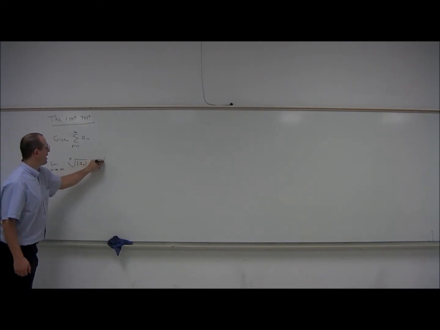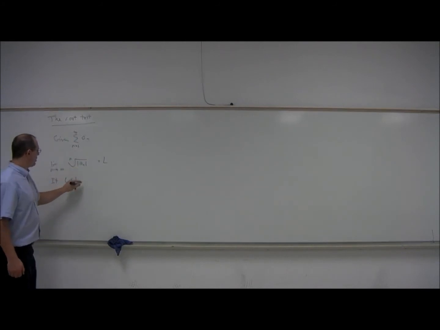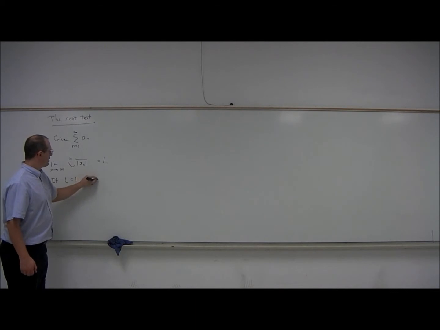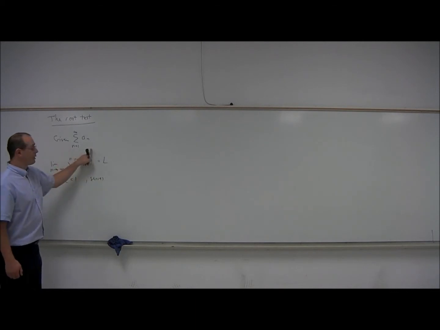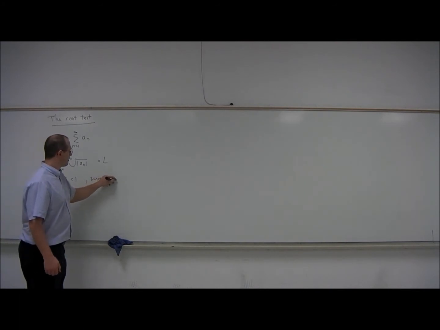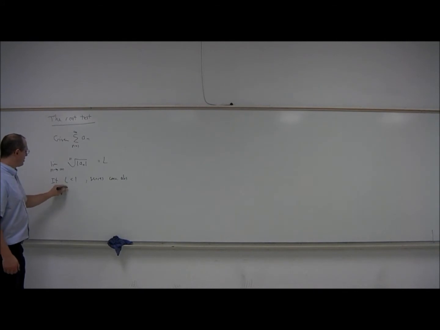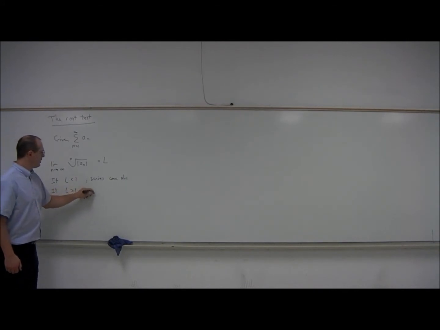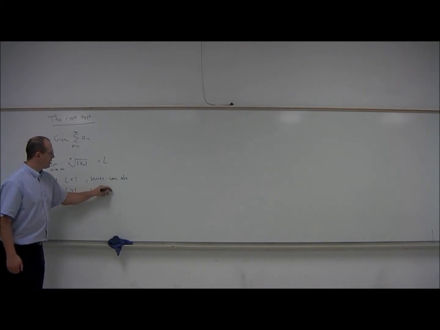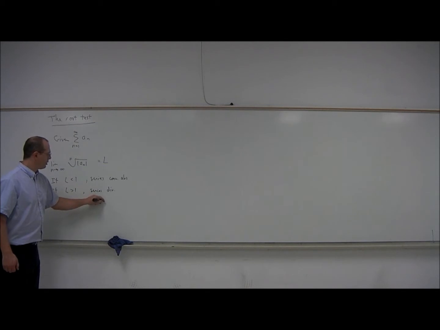Call that limit L. Then if L is less than 1, the series that we were given converges absolutely. If L is greater than 1, the series diverges, and if L equals 1, then no conclusion.